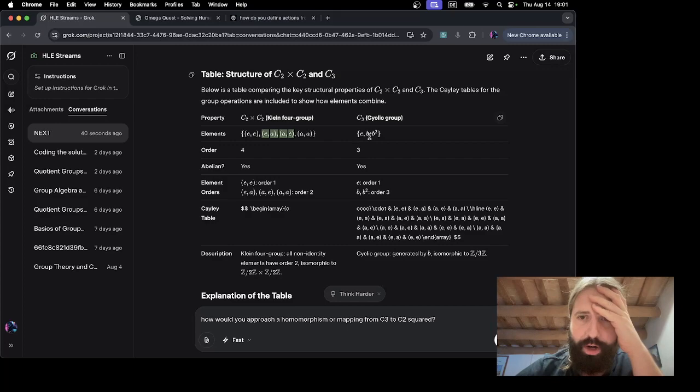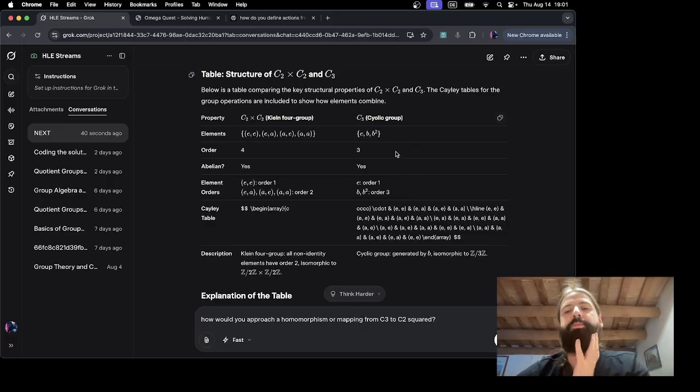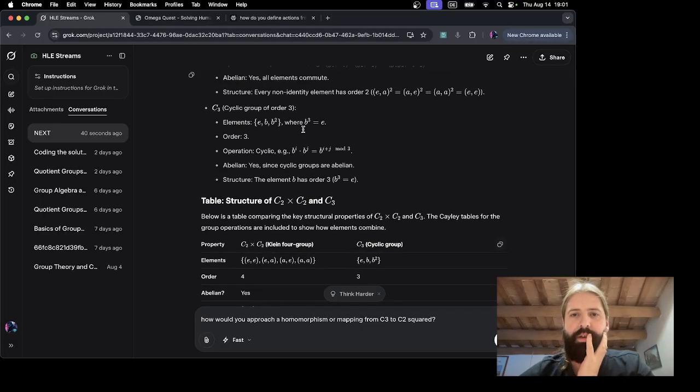Because then B squared equals the identity. No, something like this, right? So we have to respect the operations. You have E, B, and B squared such that B squared equals E.